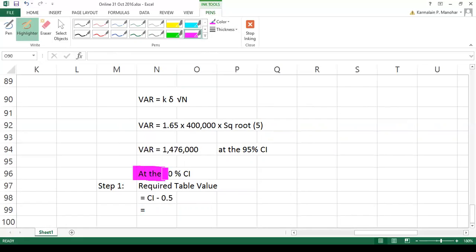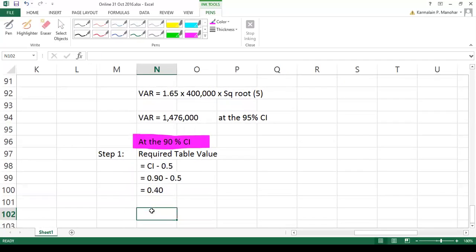So we're now looking at 90% CI, which would be 0.90 minus 0.5. That leaves us with 0.40. Now that we have that, step 2.